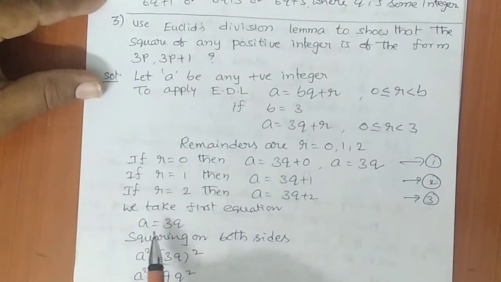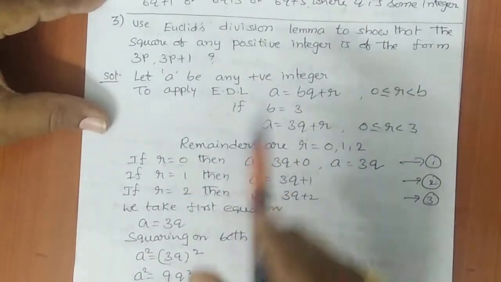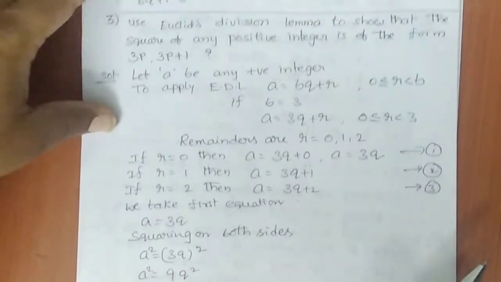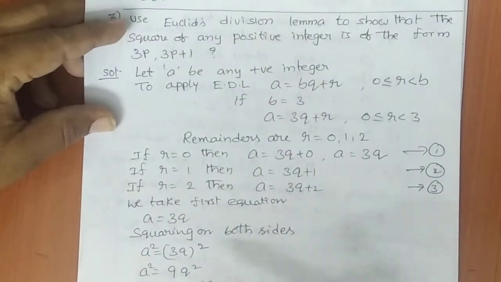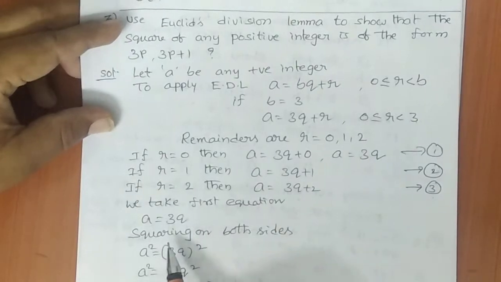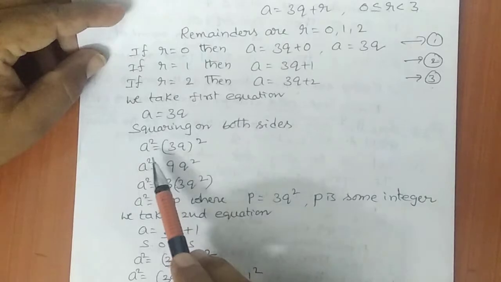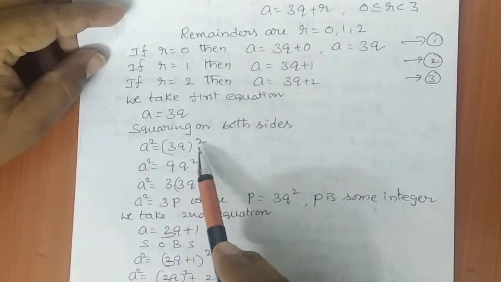Okay, we take the first equation, a equal to 3q. So in this problem, the square of any positive integer, therefore a equal to 3q. Squaring both sides, a square equal to 3q whole square.